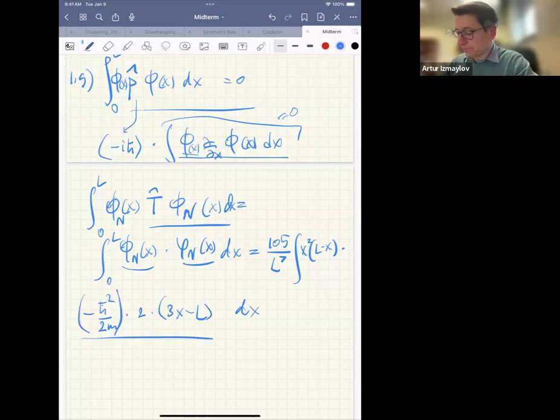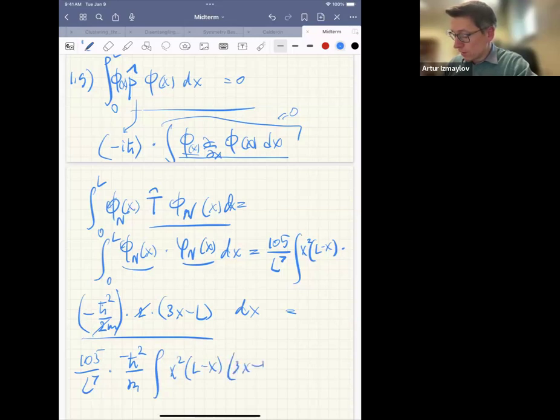Let's simplify the constant and move it away: 105 over L to the 7 multiplied by h bar squared over m. And the integral will be x squared, L minus x, 3x minus L, dx, equals 2.